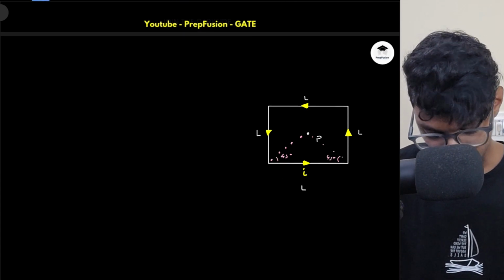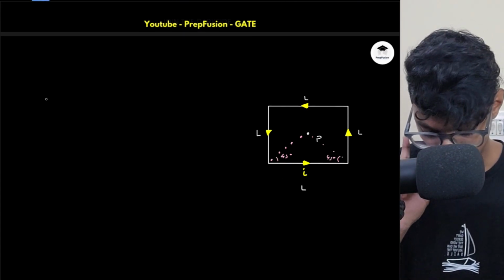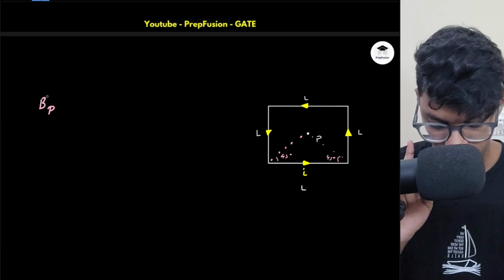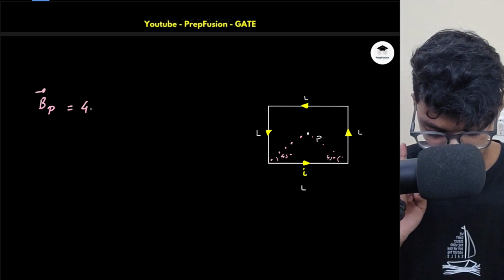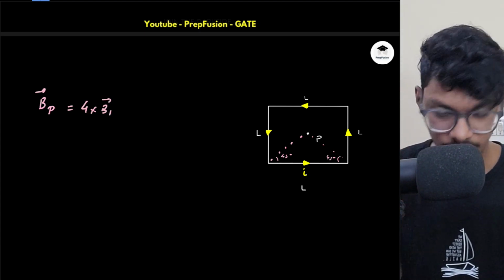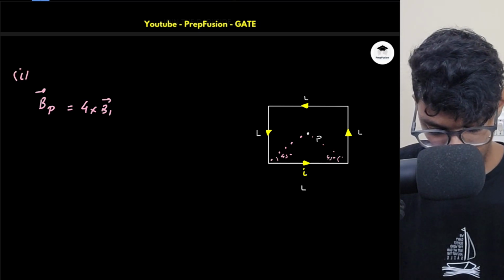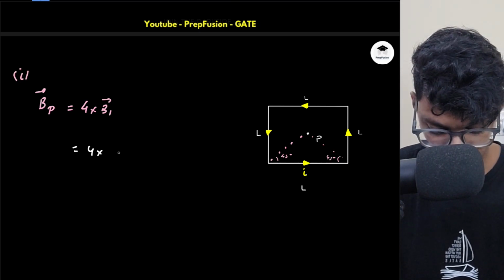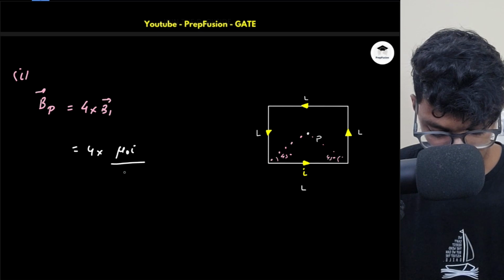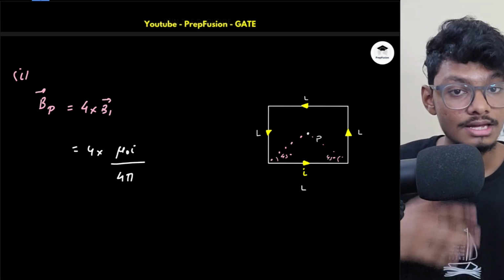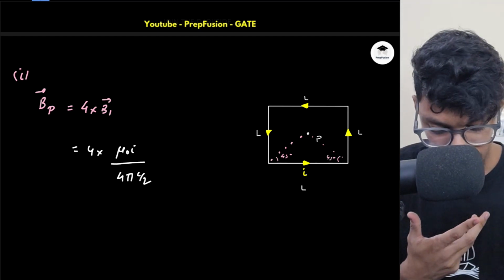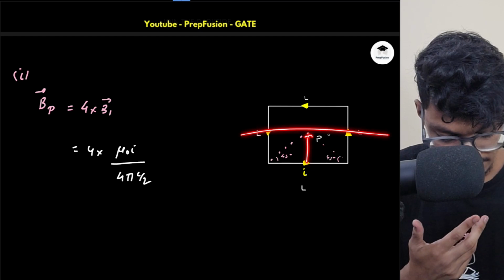So obviously I will just calculate the magnetic field due to one of the sides, B1, and I will simply multiply that by 4 because all 4 of them are additive. This is for part 1. So what is B1 basically? B1 is mu naught I upon 4 pi times the perpendicular distance, which is L by 2. It is half of this, right?